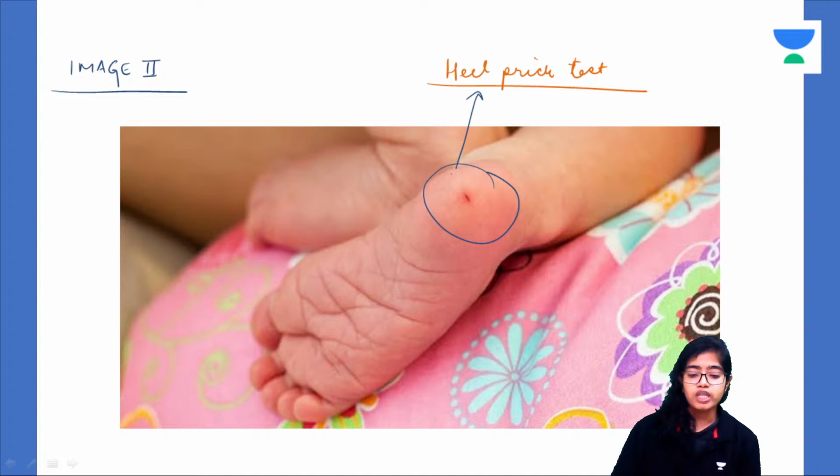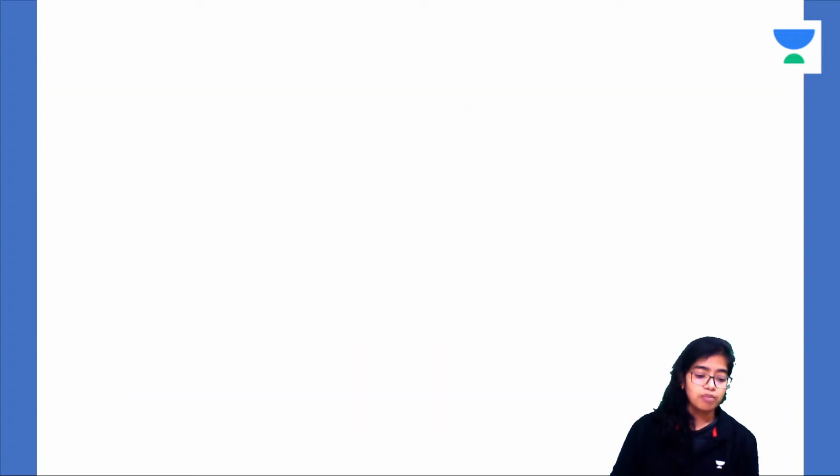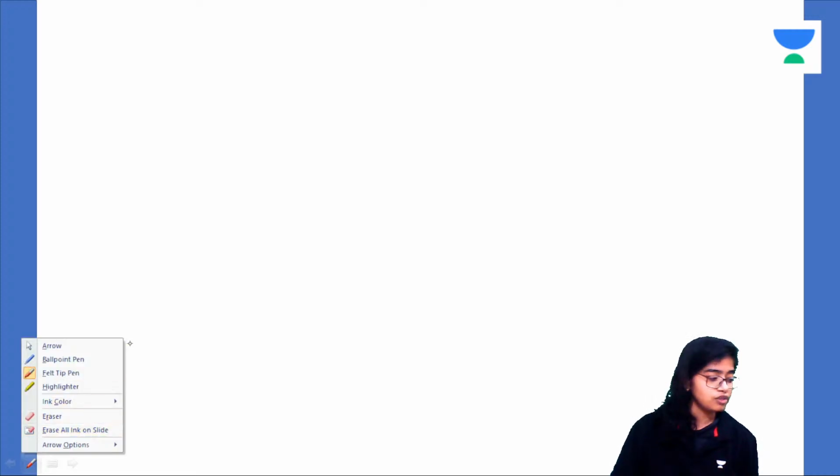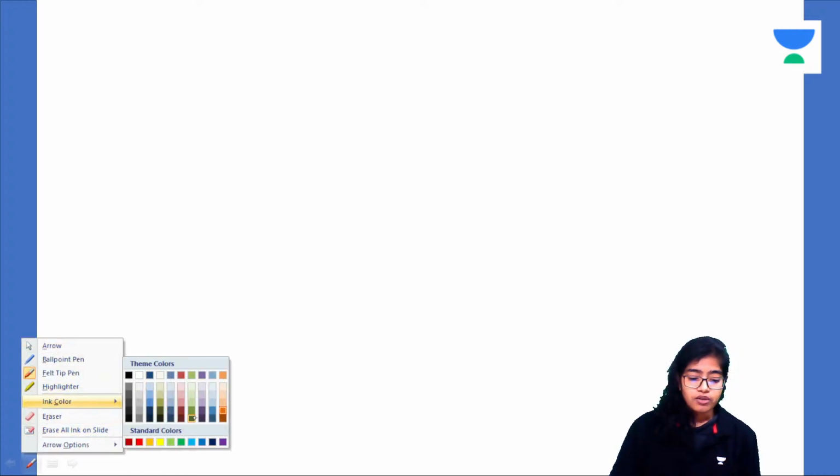Test for which disease are we talking about here? Can any of you tell me the disease that requires diagnosis through heel prick test after birth, that has features of delayed milestone, albinism, and others?